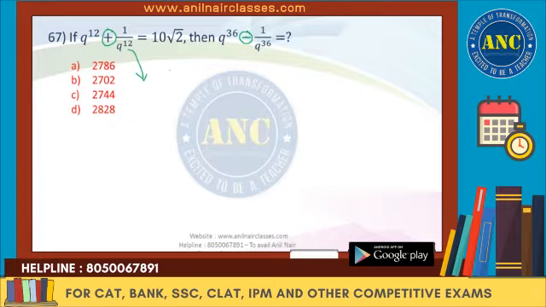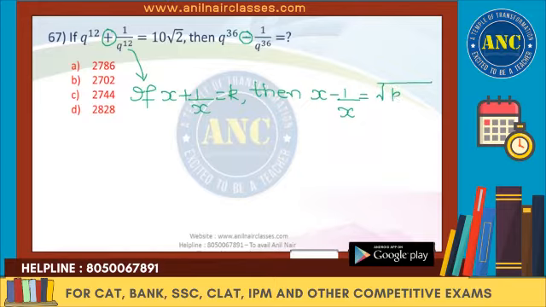We already know one beautiful property: if x plus 1 by x is equal to k, then x minus 1 by x is equal to plus or minus square root of k square minus 4. I hope you remember this, sir. Never ever forget the previous questions or the previous varieties of questions we have solved. Everything will be important in solving any question. Don't ignore the previous learnings.